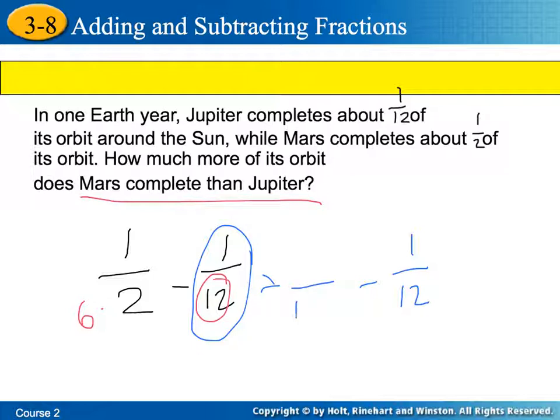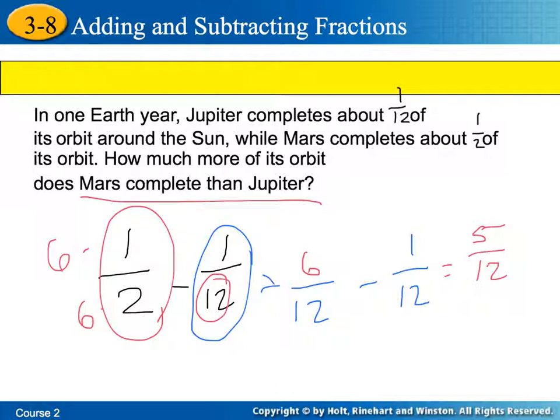On the other side, I need to change this 1/2, and I do that by multiplying both the numerator and the denominator by 6. So I get 6/12 minus 1/12. My answer is 5/12. Remember, story problem, so I have to have a label.